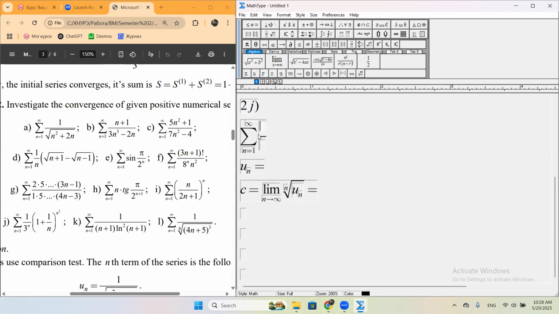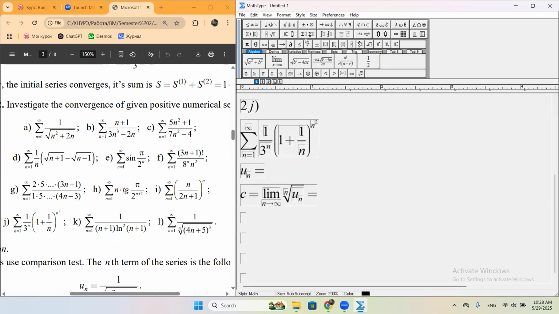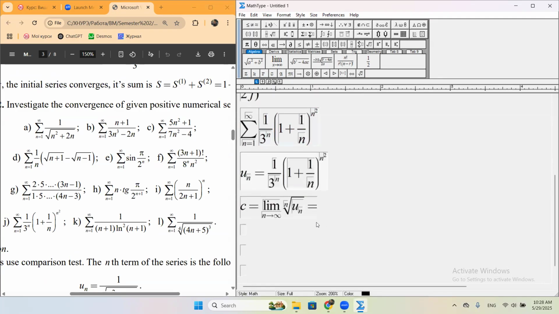The following series: 1/3 in power of n, multiplied by the following expression, 1 plus 1/n in power of n squared. So writing down the nth term and calculating the limit of this nth term.